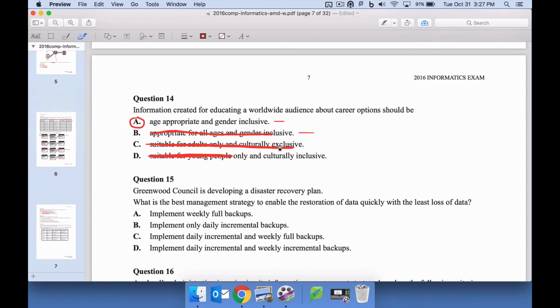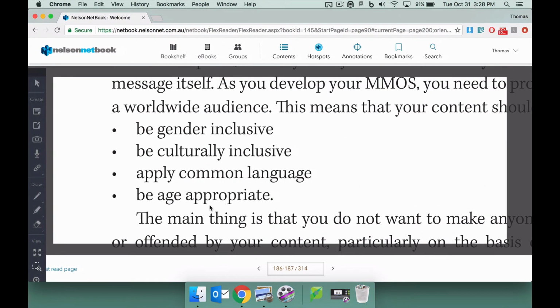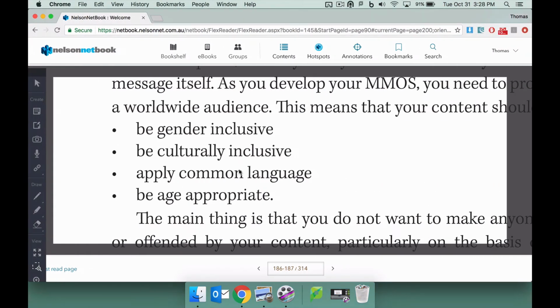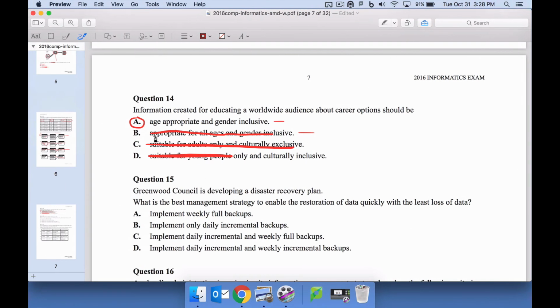That was one of them down here, but suitable for adults only was not applicable. Apply common language. It didn't say anything about that, but that might be on the exam, so just be aware of that. And be age appropriate. That's why B wasn't the answer, because appropriate for all ages versus age appropriate. So that's why it is A.